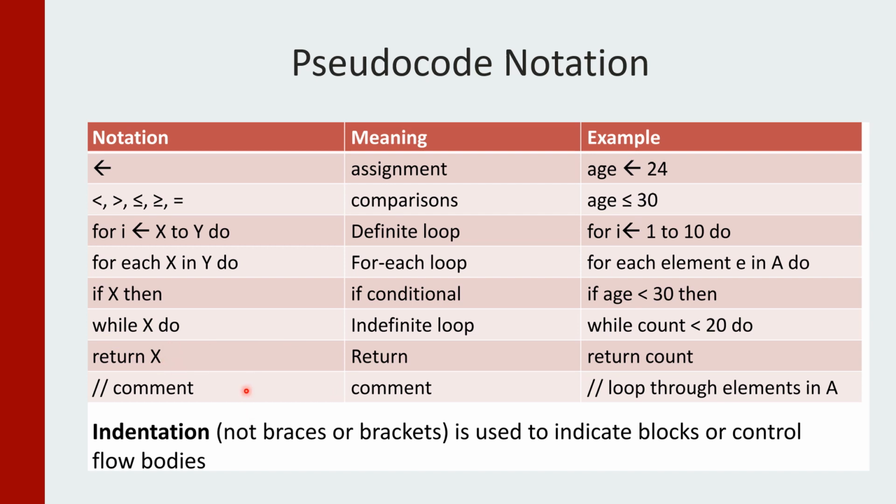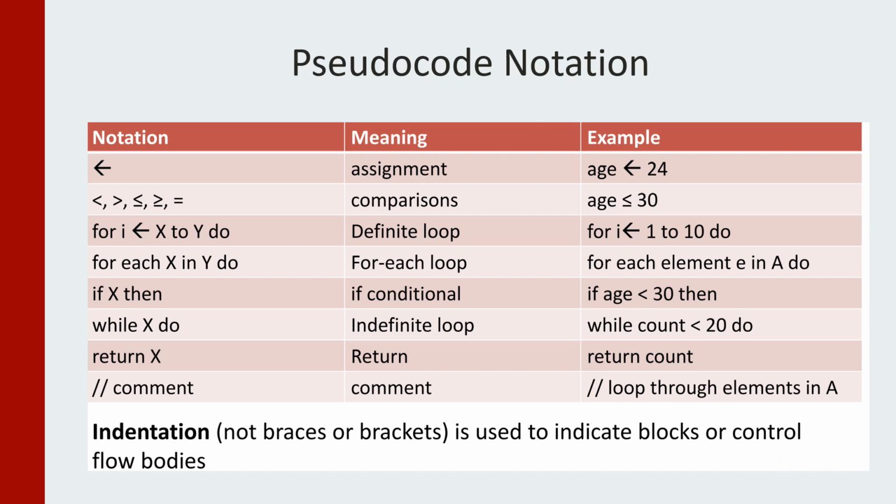So you'll see here that it kind of looks like Java syntax or maybe another programming language, but not exactly. This makes it a little bit easier to read than Java syntax and also makes it more general so that you could write pseudocode and it could be applied to a different programming language. I will also point out that for this class, we're going to use indentation, not braces or brackets, to indicate blocks or control flow bodies.